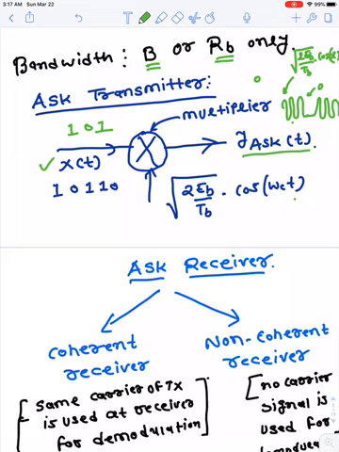So y ASK of t is simply the multiplication of x of t and the term square root of 2 Eb by Tb into cos omega ct. The transmitter is very simple. It simply has a multiplier, or a double sideband suppressed carrier modulator which also works as a multiplier, and then finally produces an output that is the multiplication of the two input signals.